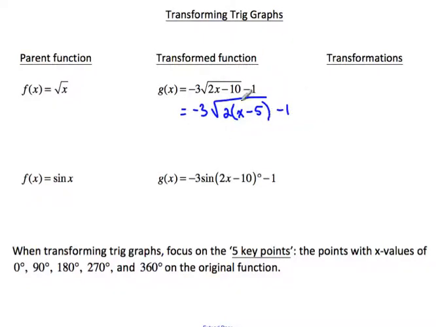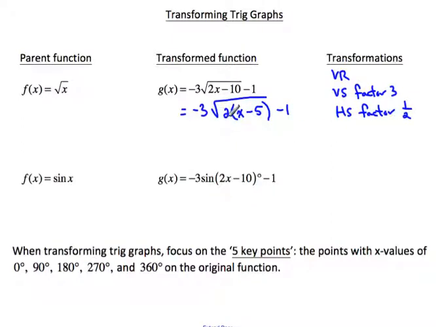Going from left to right, the transformations are this negative is a vertical reflection in the x-axis. The 3 is a vertical stretch factor 3. The 2 is a horizontal stretch factor 1/2, and we need to remember that in the horizontal dimension, things are counterintuitive or act opposite from how we might initially think.